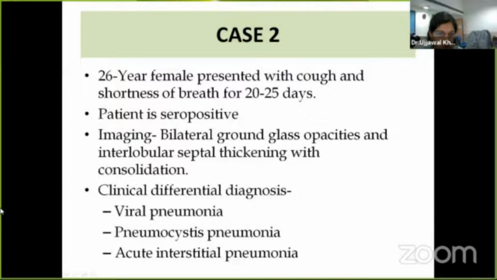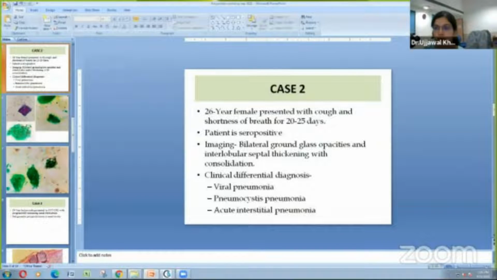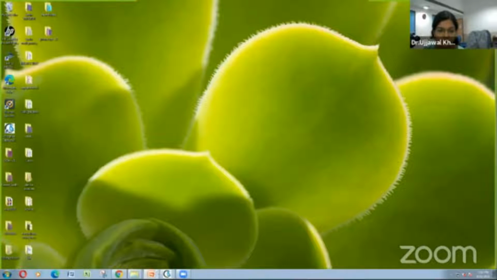The patient is seropositive, a known case of HIV, and the imaging revealed bilateral ground glass opacities and interlobular septal thickening with consolidations. The clinical differential diagnosis was viral pneumonia and patchy pneumonia. What was very catchy in these smears was the presence of foamy eosinophilic exudates.